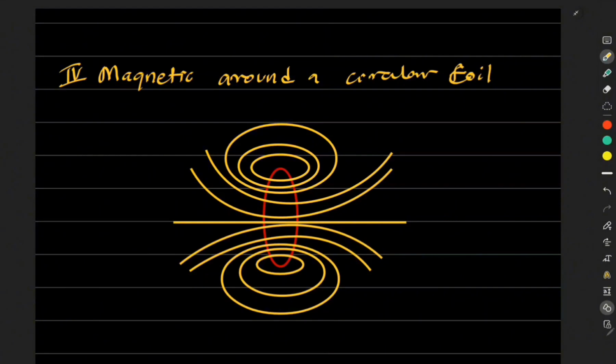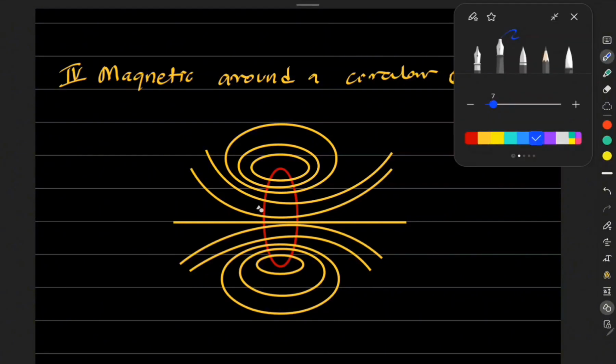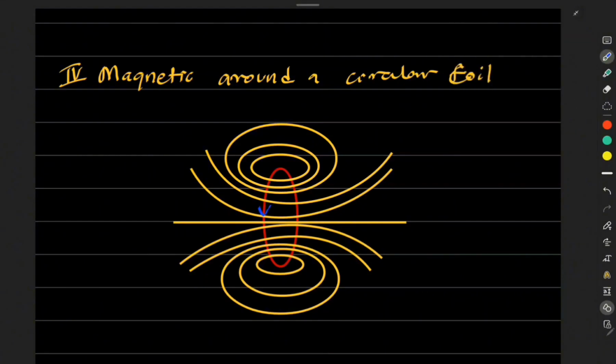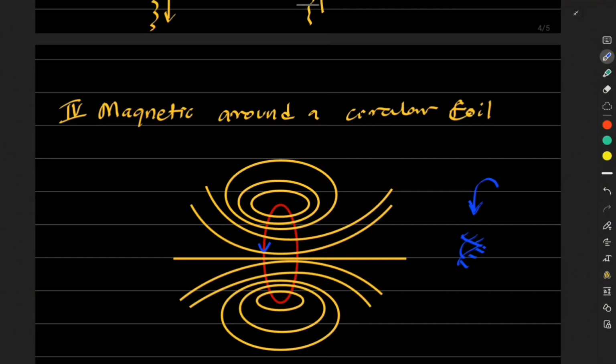If the current is traveling downwards in this direction, and we look at the coil from this side, it is rotating anti-clockwise. If the current travels anti-clockwise, what should be the direction of the magnetic flux? The magnetic flux should be coming outwards. We can use the right hand grip rule here.